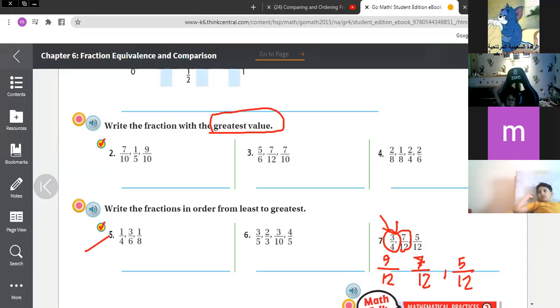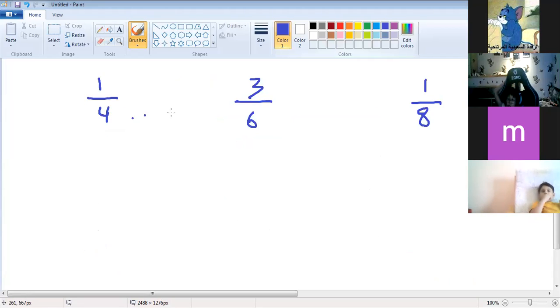Now we multiplied 2 by 1 and 2 by 4. Look: 1 over 4, 3 over 6, 1 over 8. How can we convert the 3 denominators to be the same?